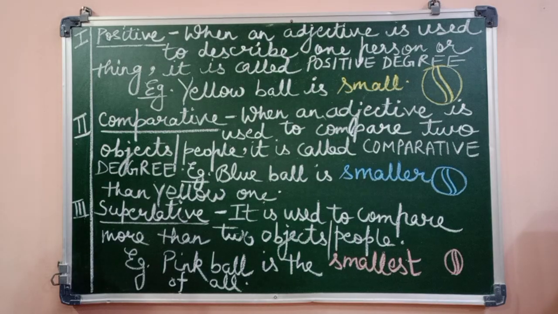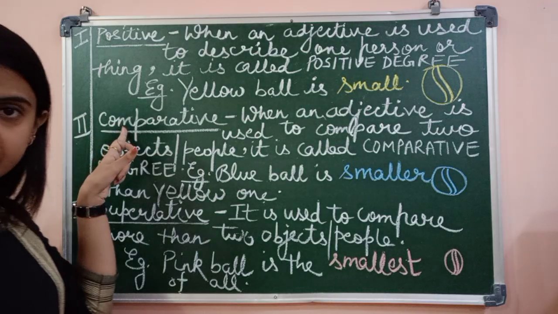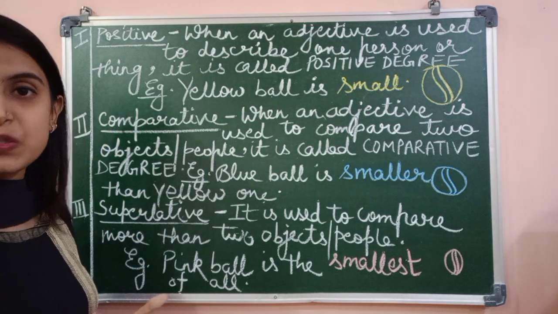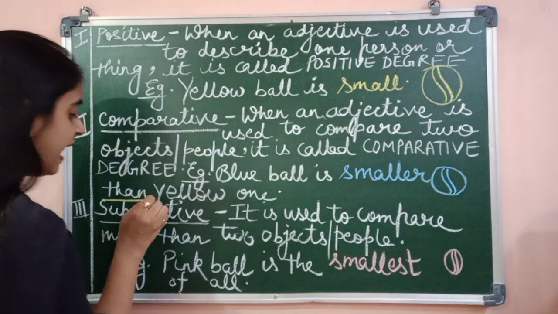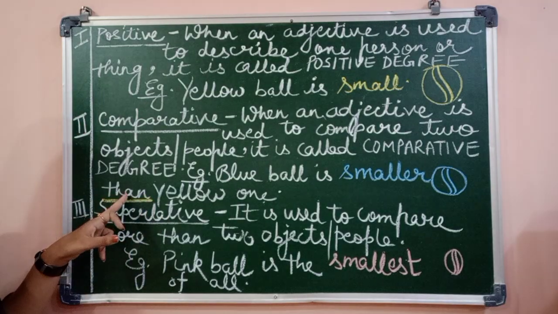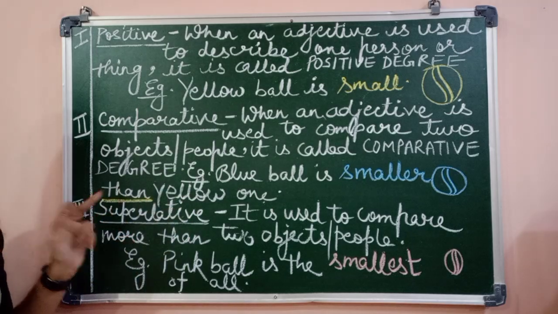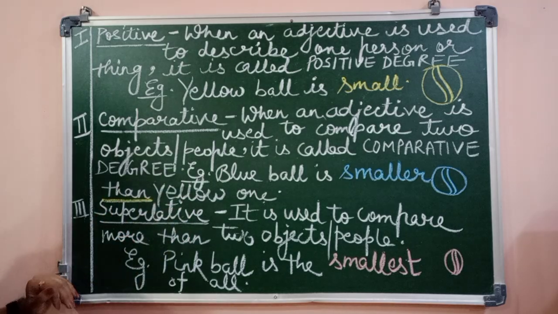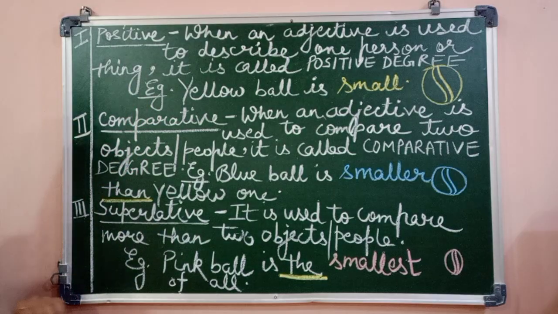Now children, an important point to note here is when we use comparative degree, when we compare between two persons or between two things, then we use than. Right? Blue ball is smaller than yellow one. And when we use superlative degree, then we use the before the superlative degree.